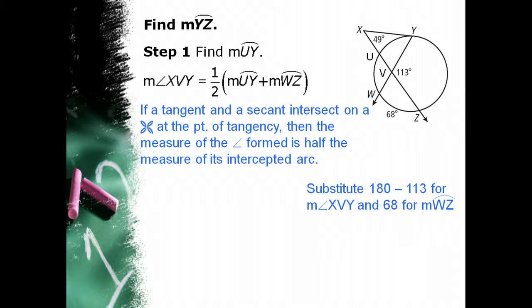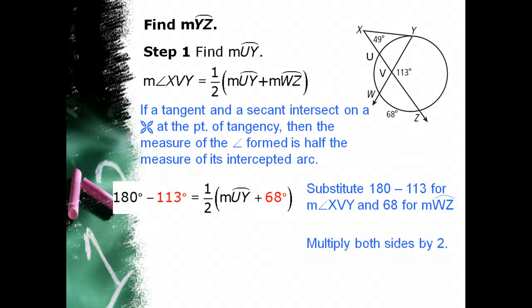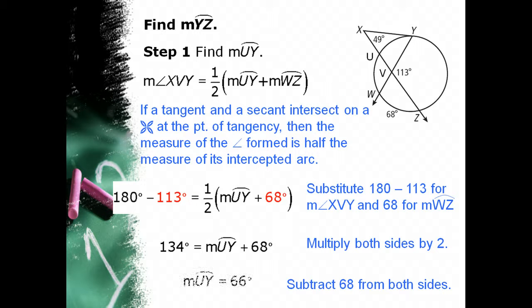Substitute 180 minus 113 for the measure of XVY and 68 for WZ. And then we multiply both sides by 2 and simplify a bit, and we get 134 equals the measure of UY plus 68. Well, then we just subtract the 68. The measure of arc UY is 66 degrees.